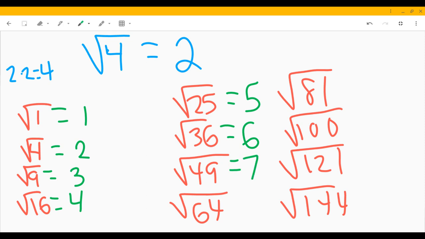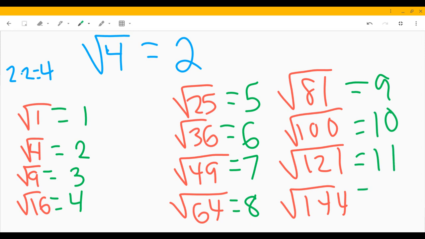We know 7 times 7 is going to equal 49. We know 8 times 8 is going to equal 64. We know 9 times 9 is equal to 81. We know 10 times 10 equals 100. We know 11 times 11 gives us 121. And 12 times 12 gives us a value of 144.